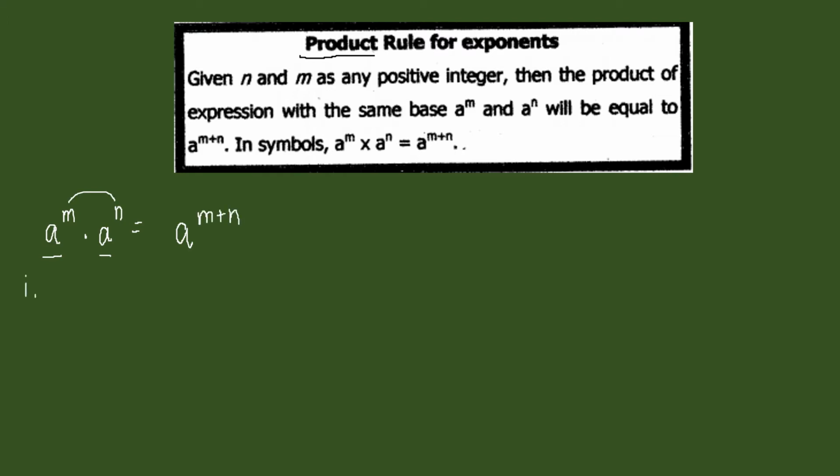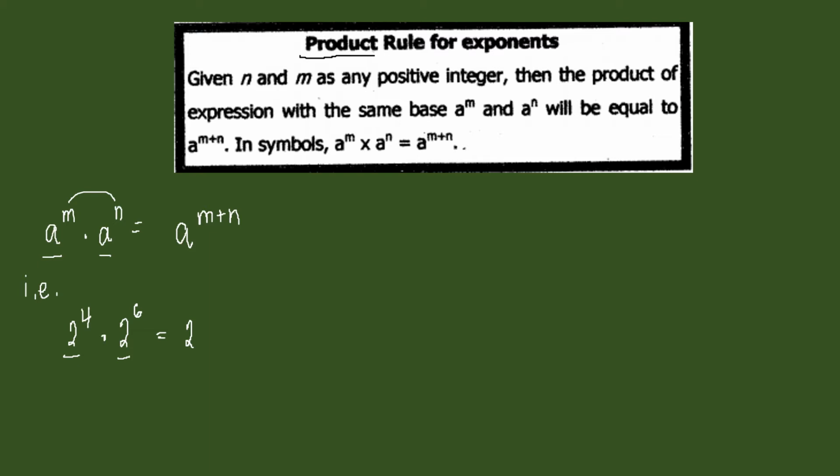So for example, let's have 2 to the 4th power times 2 to the 6th power. Again, look at the base. The bases are the same, so we will have to copy the base. Again, the operation is multiplication.